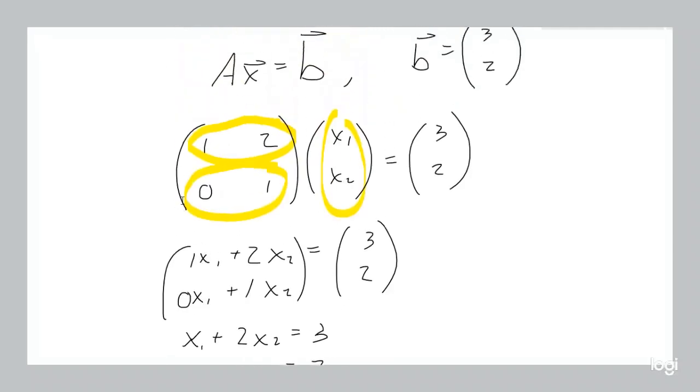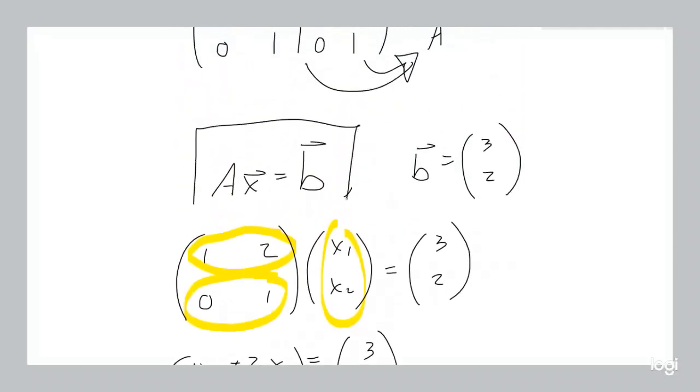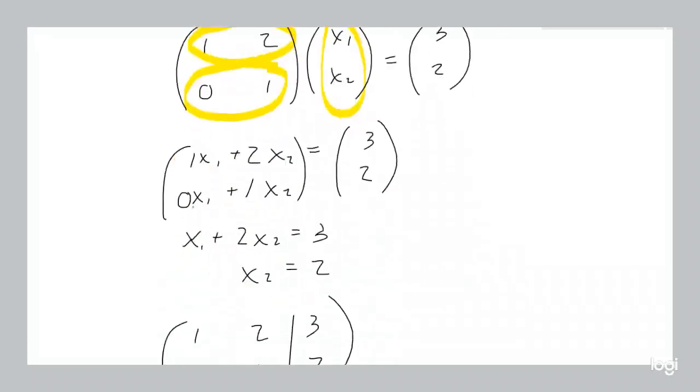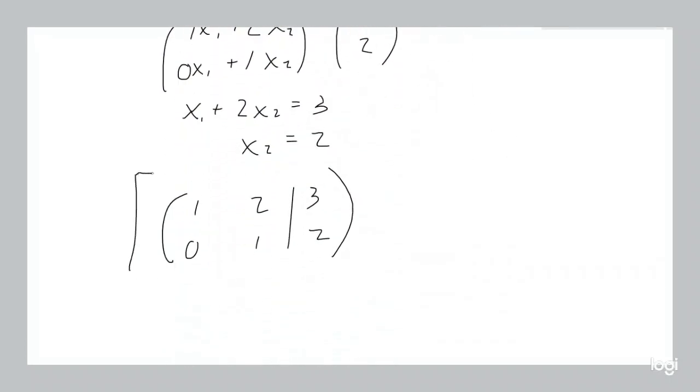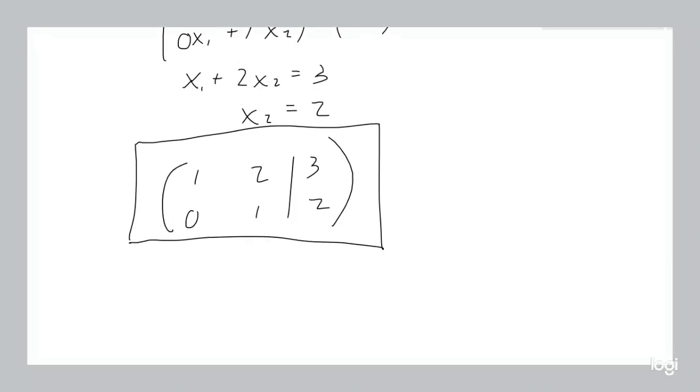So a matrix equation like this is just a system of linear equations. It's what you've seen before if you've seen the previous material that we've covered here. So we could take this, bring it to reduced row echelon form and so on, or we could do the following.